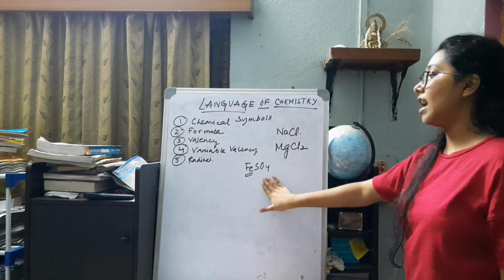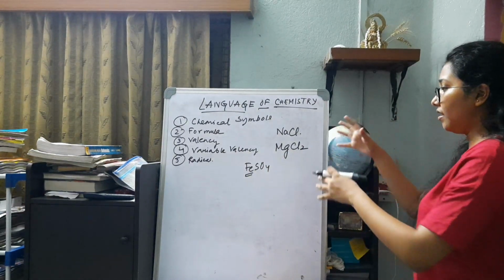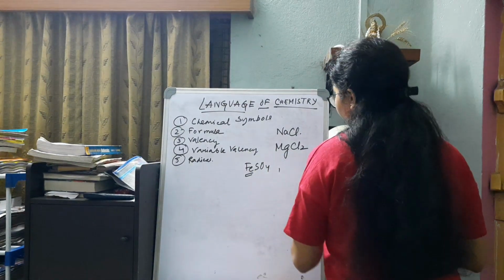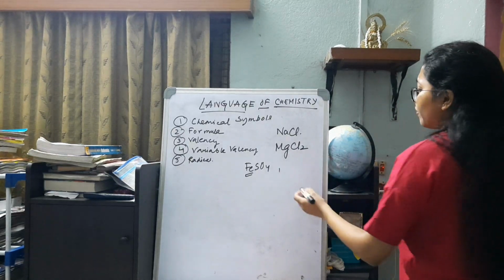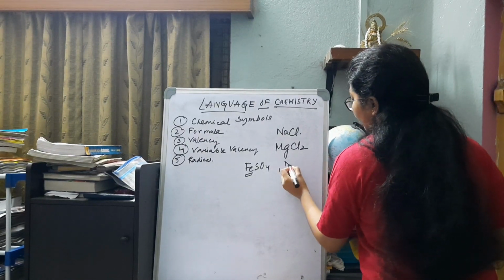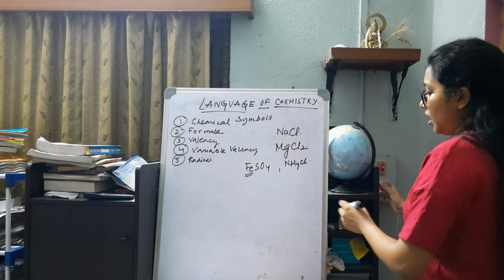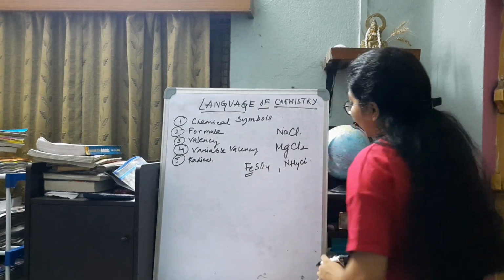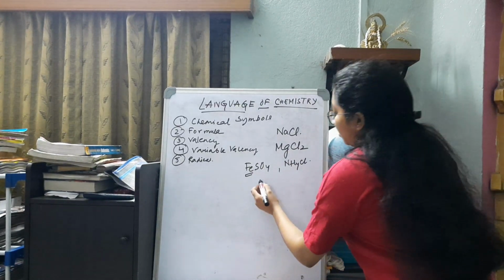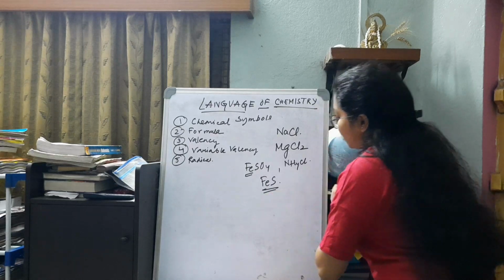So this one is iron sulfate. This is the molecular formula representing iron sulfate. Then moving forward to our next example, NH4Cl, that is ammonium chloride. Now suppose FeS, it is iron sulfide.